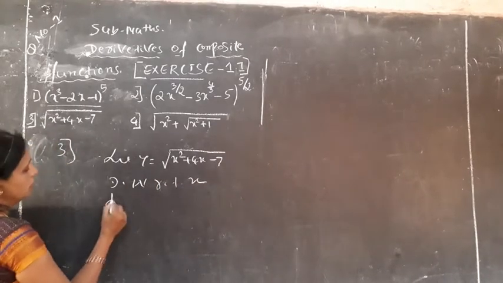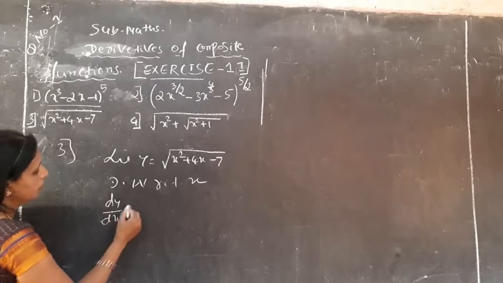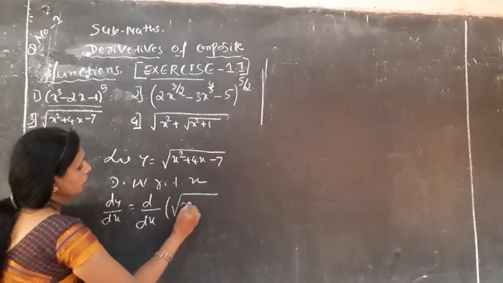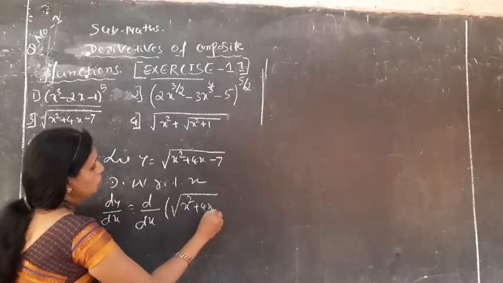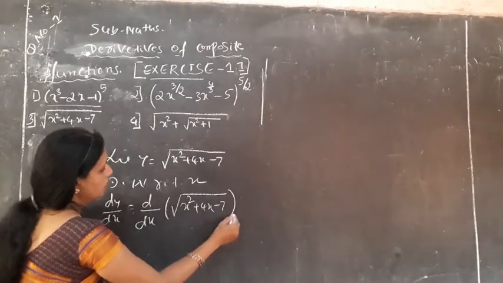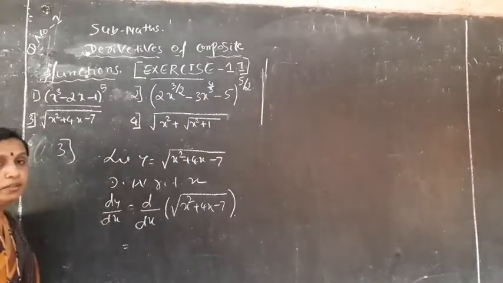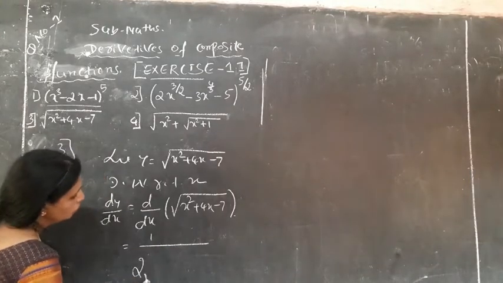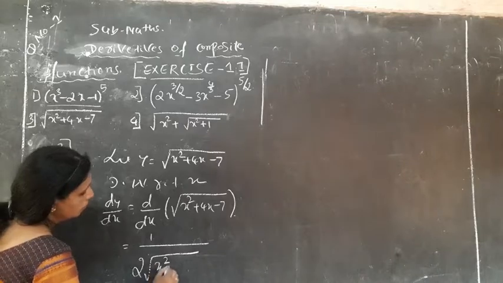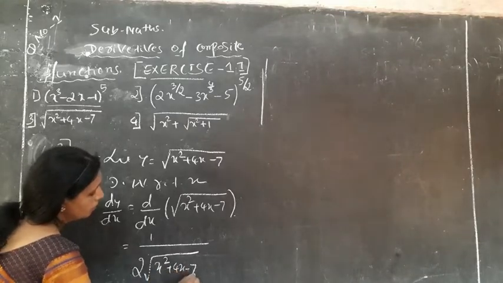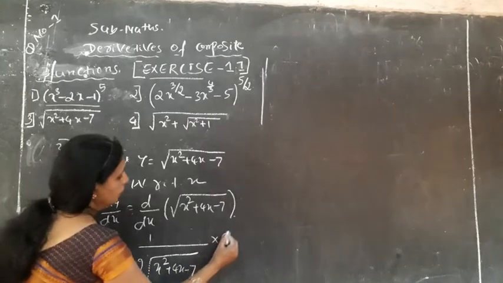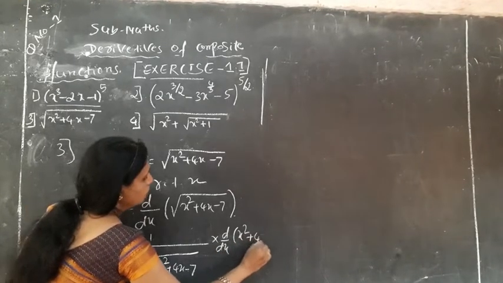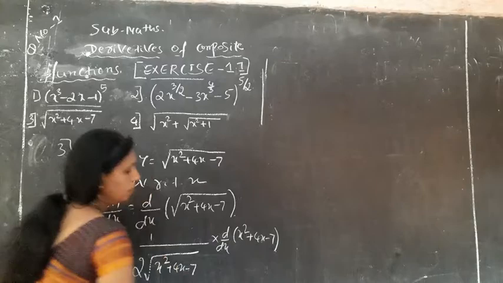Therefore, the above becomes dy upon dx equal to d dx of x square plus 4x minus 7. This is the root function. So first write 1 upon 2 root x square plus 4x minus 7 into d dx of the function, that is x square plus 4x minus 7.